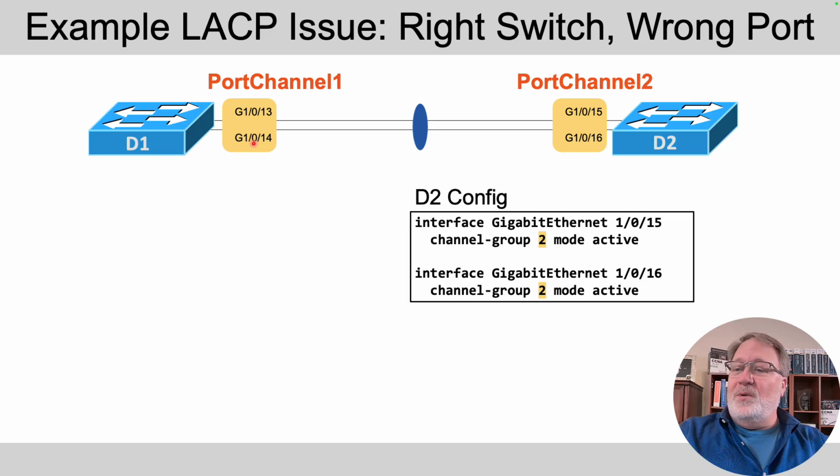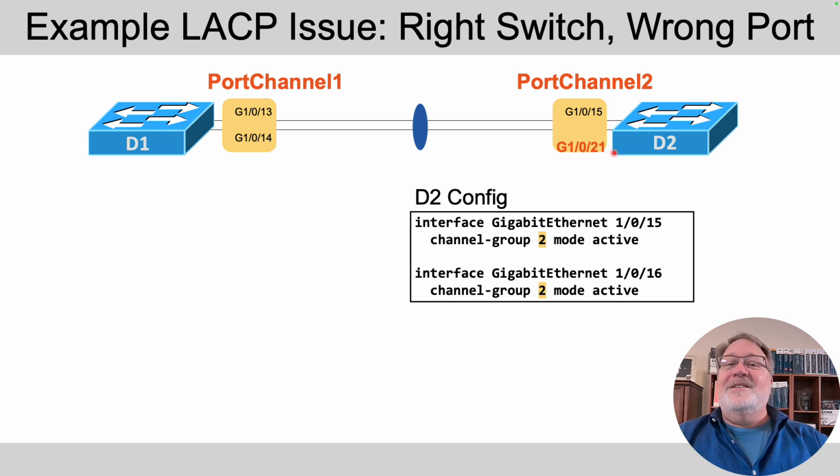Another example, maybe we had this topology drawn and the cable is cabled to the correct switch, it's just to the wrong port in that switch. So instead of port 1016, maybe we plugged it into port 1021 by mistake. So with LACP configured, those messages would figure out, hey, wrong port, D1 would leave its port 14 in a suspended state.